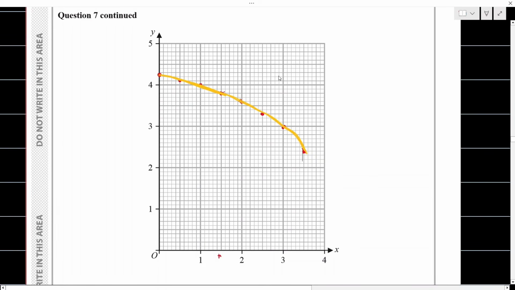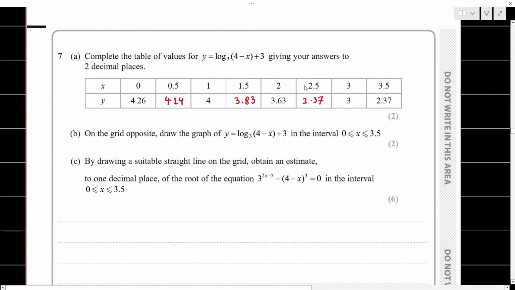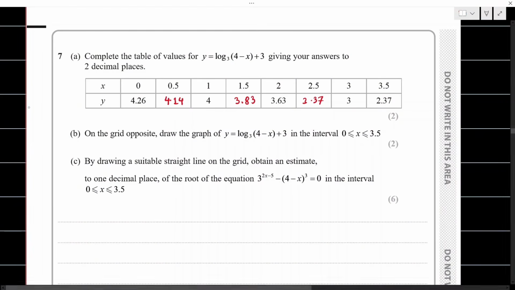We have joined our points to form a smooth curve in the interval 0 to 3.5. So this is our answer to part B.